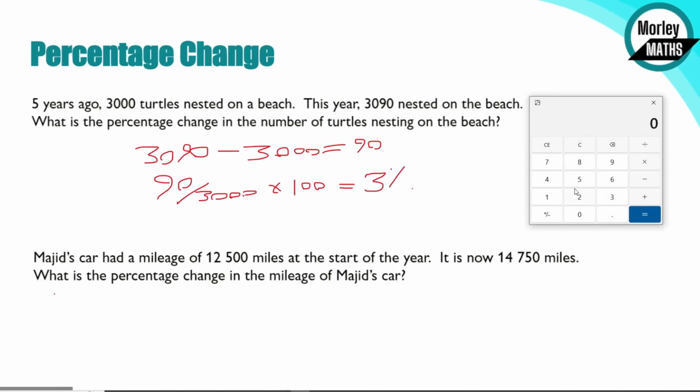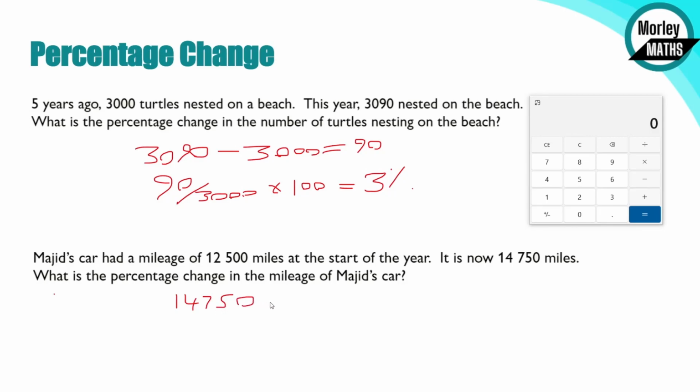Now we're going to look at the next question. So Majid's car had a mileage of 12,500 miles at the start of the year. It's now 14,750. What is the percentage change in the mileage of Majid's car? So we'll find out what the difference is first. So that will give us a difference of 2,250.